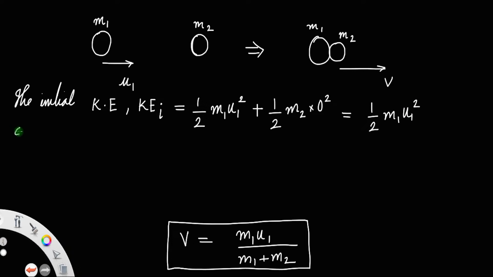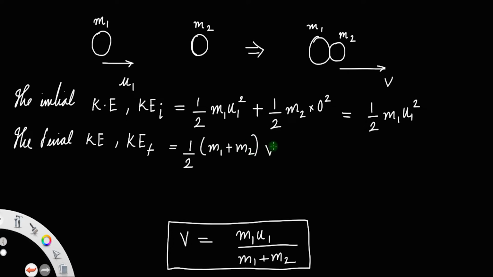What about the final kinetic energy? The final kinetic energy, we take that as KEF, is half the mass m1 plus m2 times v square, where v is the final velocity. So we can substitute the v in here. That is half m1 plus m2 times m1 u1 by m1 plus m2, whole square.